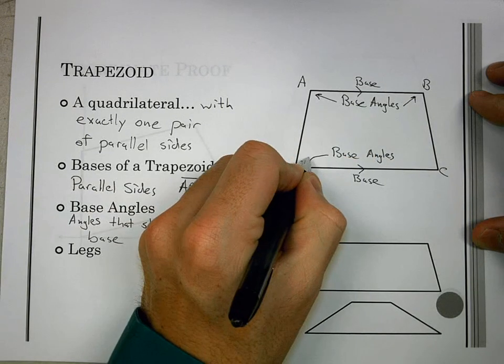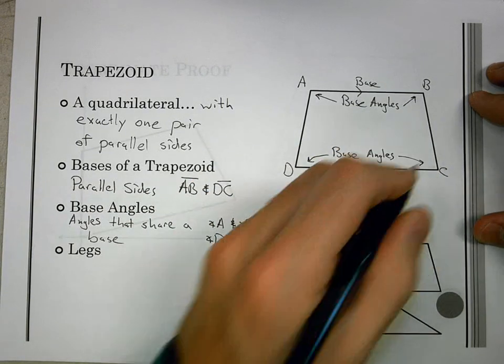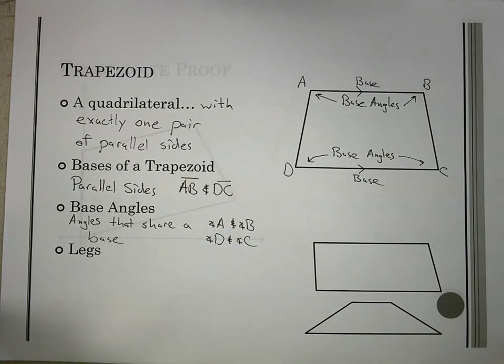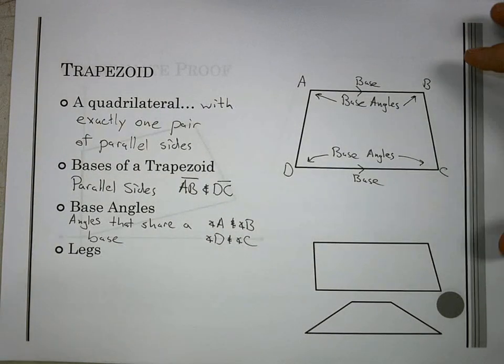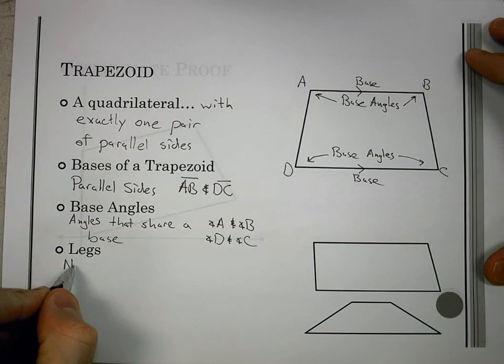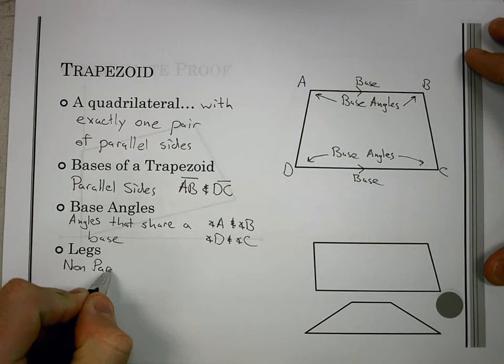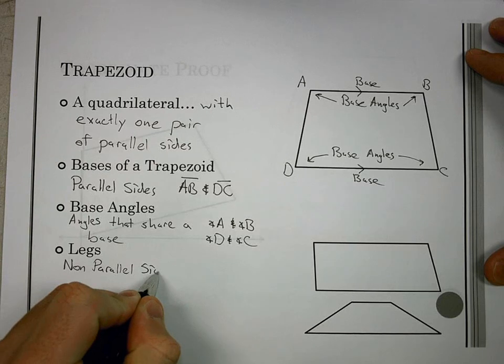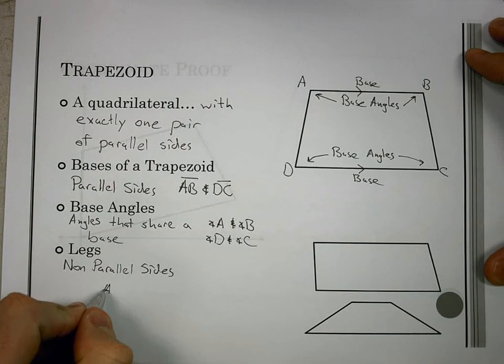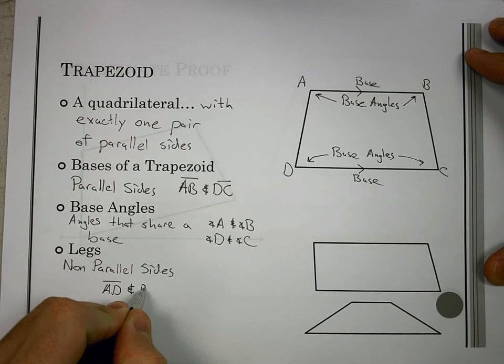Now we're going to keep those as a pair, and we're going to see later on that there is a relationship between them. For right now, I'm just a regular trapezoid. There's not much we can do with them. Last one we have is the legs. And the legs we're going to think of as the non-parallel sides. So in this case, that would be AD and BC.